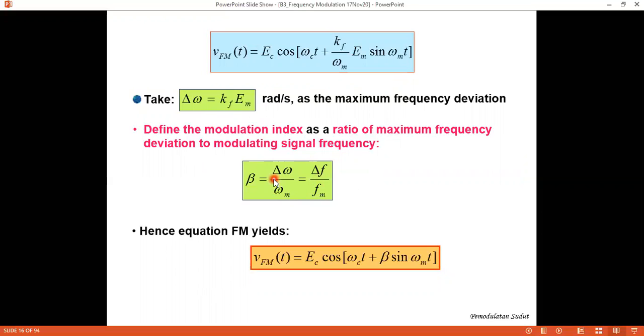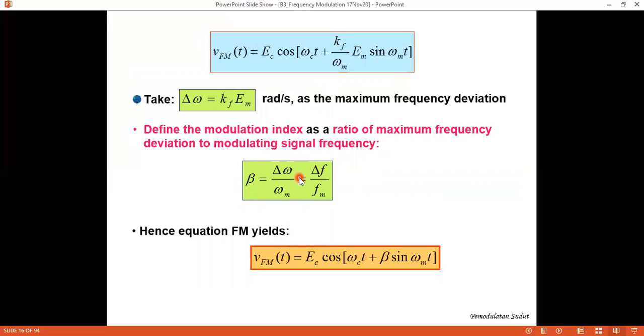Since omega is equal to 2 pi f, we can cancel 2 pi above and below, so it becomes delta f over fm. So this is the definition of modulation index in FM.